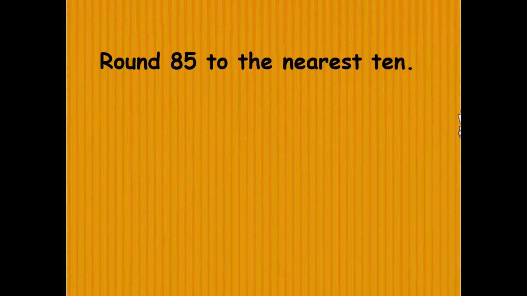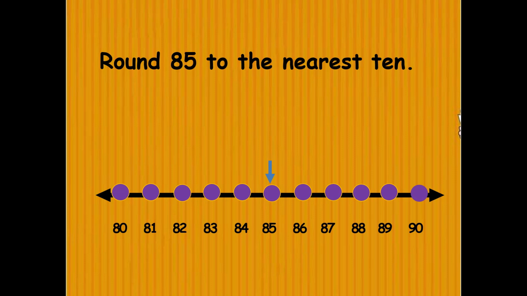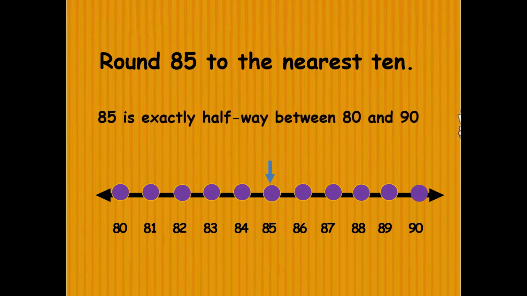One more example. Round off 85 to the nearest 10. 85 is exactly halfway between 80 and 90. Using the number line below, the arrow is in the middle of 80 and 90.